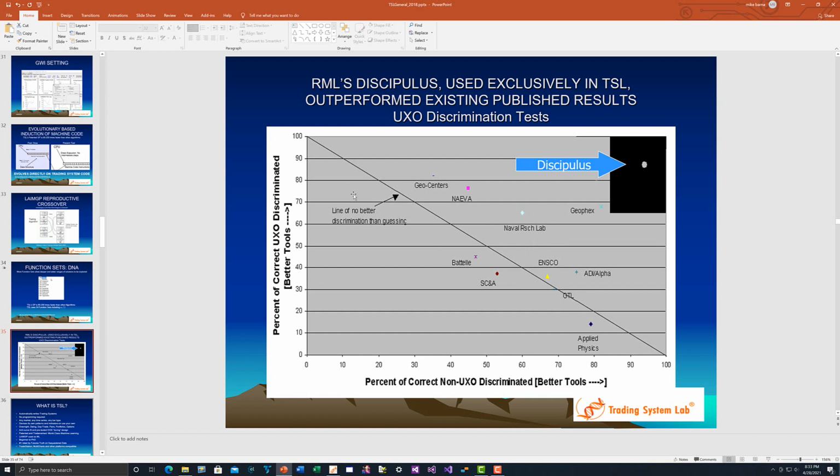And this chart shows where those companies' results laid, applying their best technology to this. Being higher above this diagonal is better, being lower is worse. Well, here's Discipulus, way out here. It outperformed all of these people. And that's very messy data, trying to find signal in this kind of deep underground imaging data.